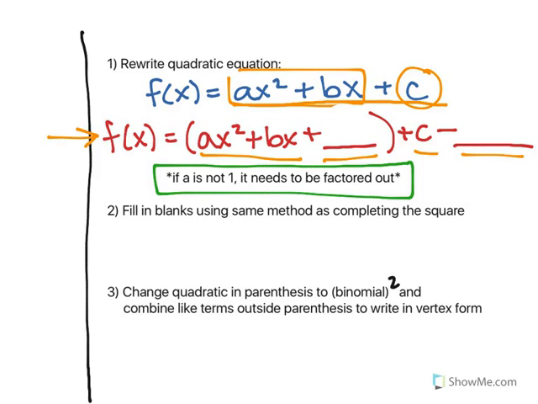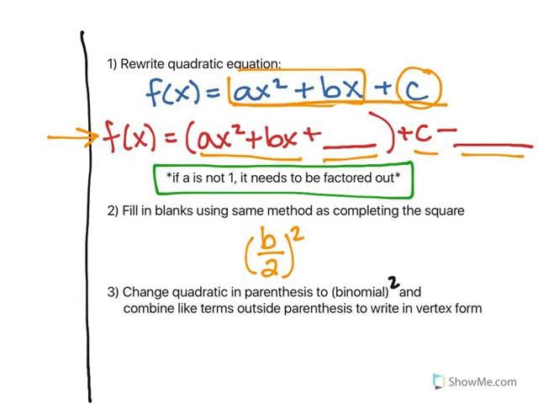The second step is going to be to fill in the blanks using the same method as completing the square. So we learned completing the square many lessons ago. And what we plugged into the blank when we were completing the square was (b divided by 2) squared. And that's the same thing we're going to use to fill in these blanks here.